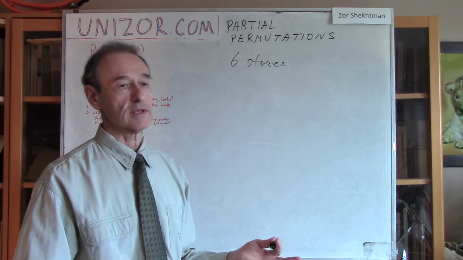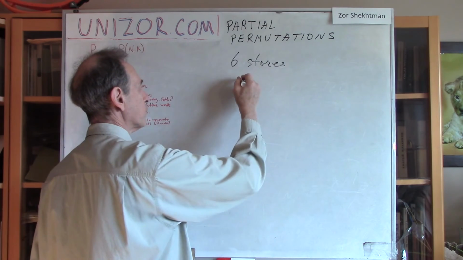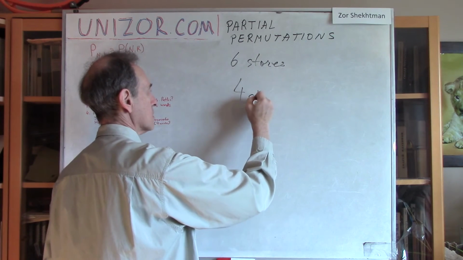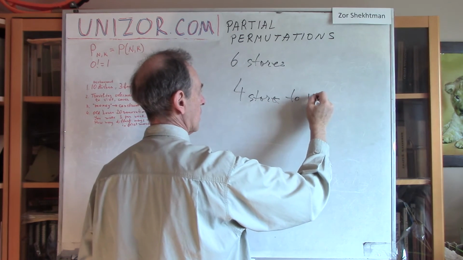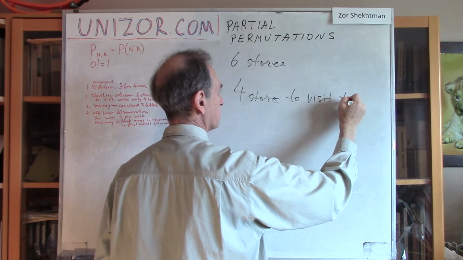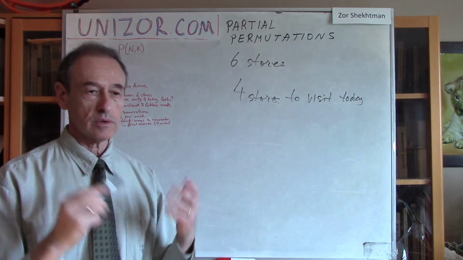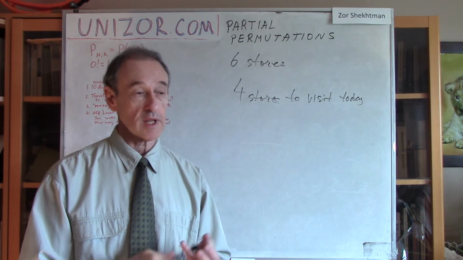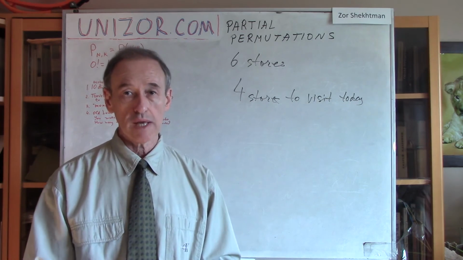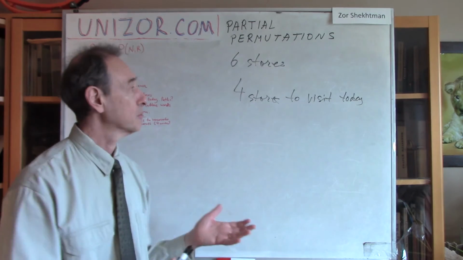In the morning he thinks that the stores are positioned in such a way that he can visit only 4 stores today. So now he has to, number 1, choose which stores to visit, number 2, in what sequence. So that's exactly the problem of partial permutations.